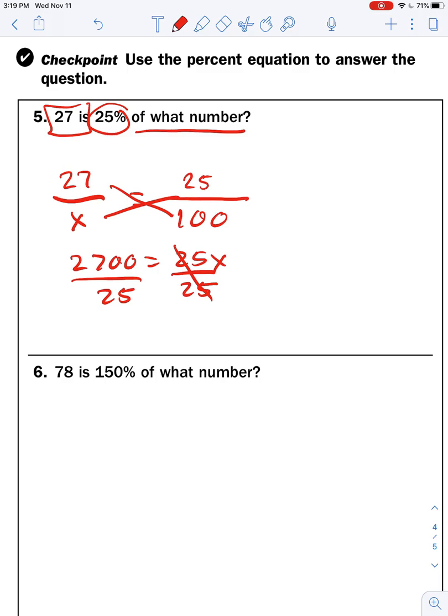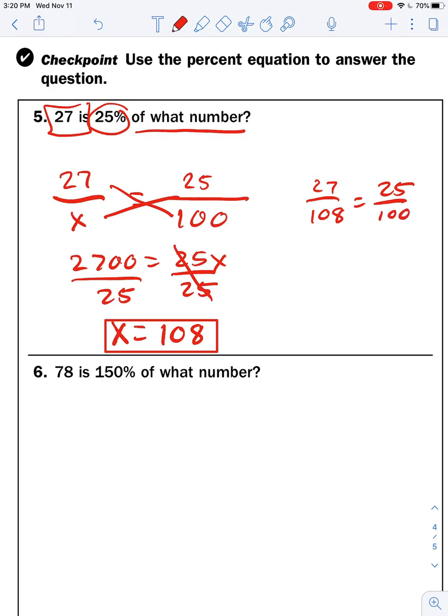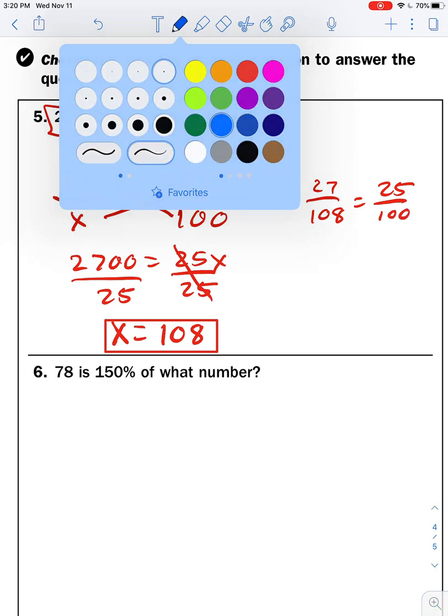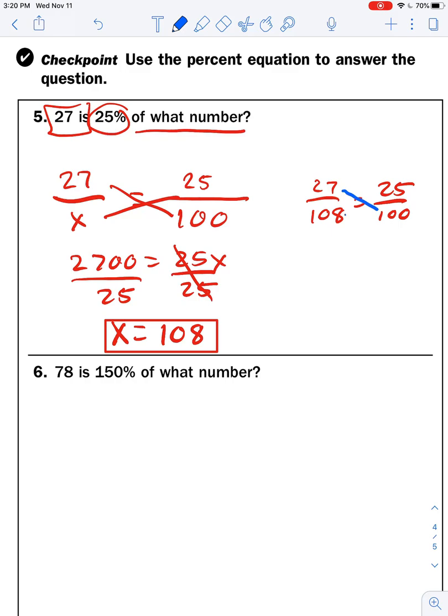And you should start to get really slick at that because you just keep multiplying and then dividing, multiply and then divide. So it should be very repetitious. And when I get that answer, I get 108. So 27 out of 108 will equal 25%, meaning 25 out of 100. I can check that this product equals that product just to make sure.